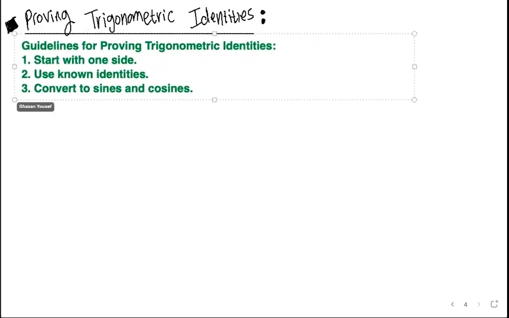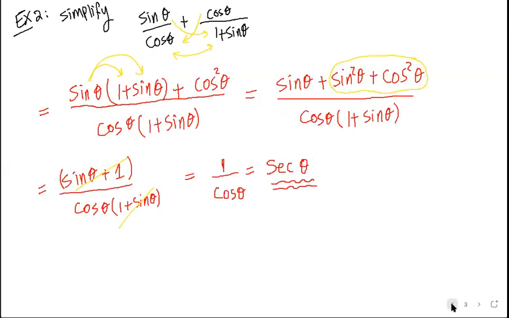The first step is to start with one side. Then use the known identities. Now we have to convert everything to sine and cosine to simplify. So I'm going to give you an example. Simplifying is different from a proof.